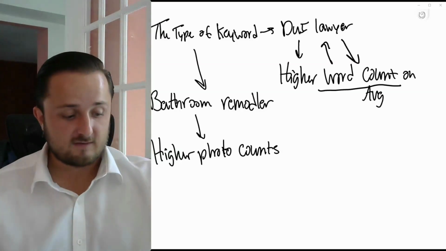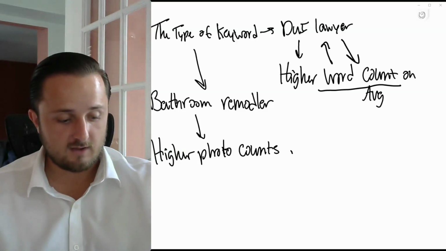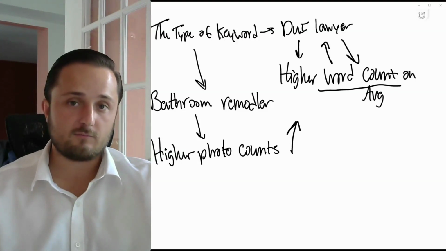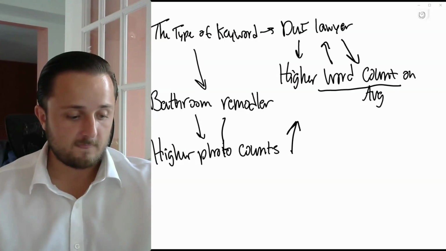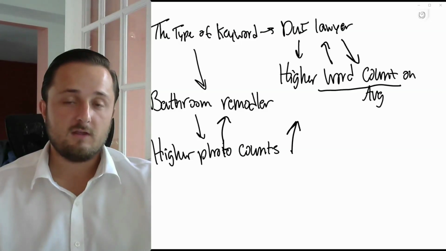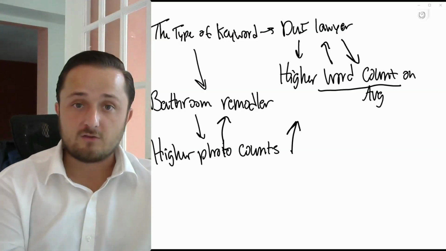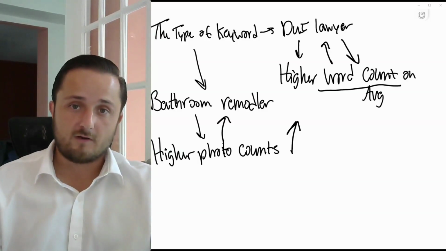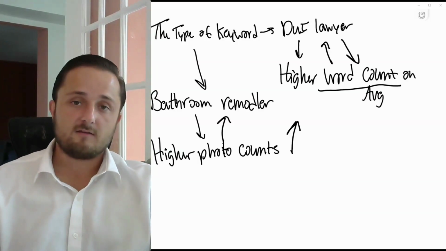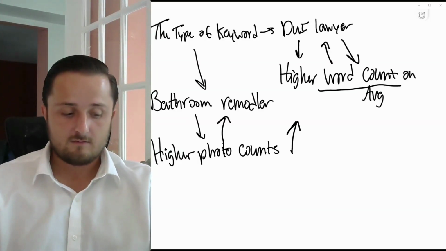What's going to happen is that you're going to see higher photo counts correlate with rankings for this very specific keyword. Your competition locally is going to use more photos on average than if we were comparing this to DUI lawyer, right?